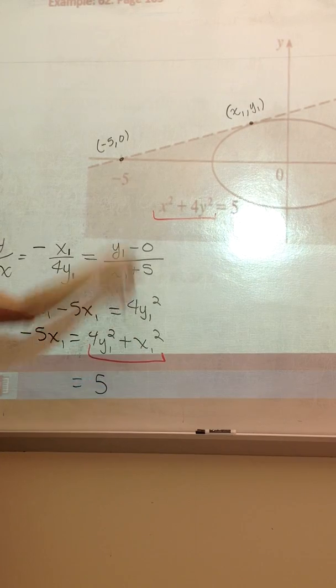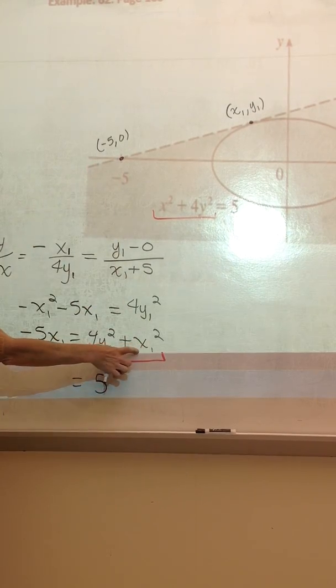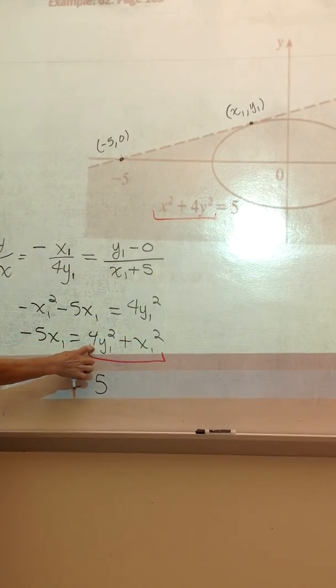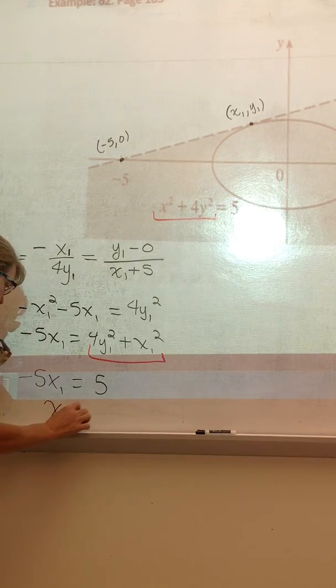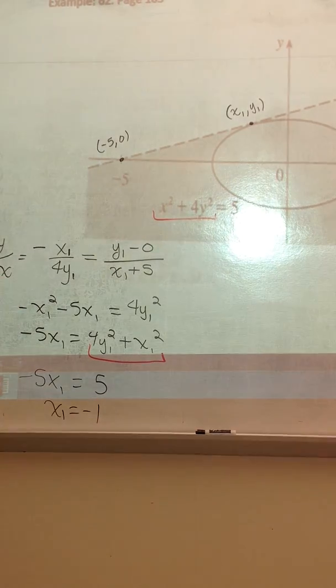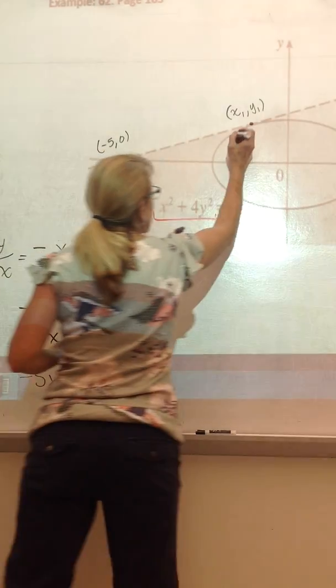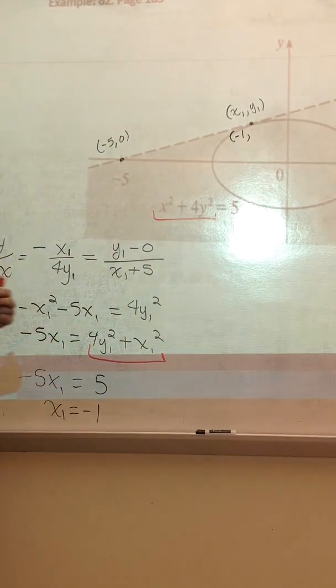So this point's on that ellipse, so its x squared plus 4 times its y squared should equal 5. So I get negative 5x sub 1 equals 5, which means the x coordinate of that point has to be negative 1. So where the line is tangent to that curve has to have an x coordinate of negative 1.